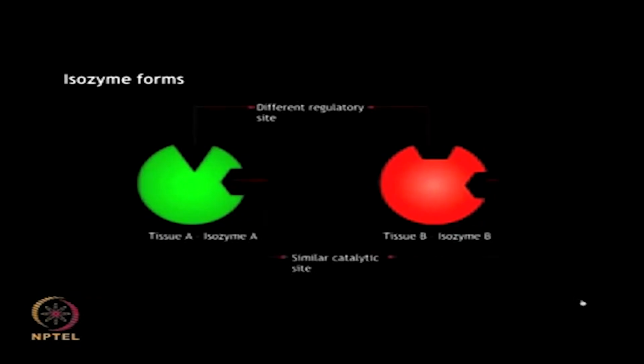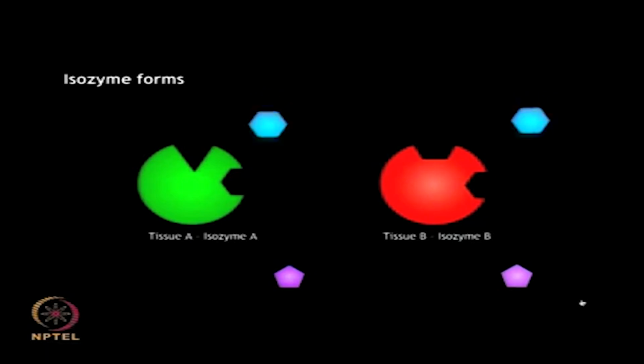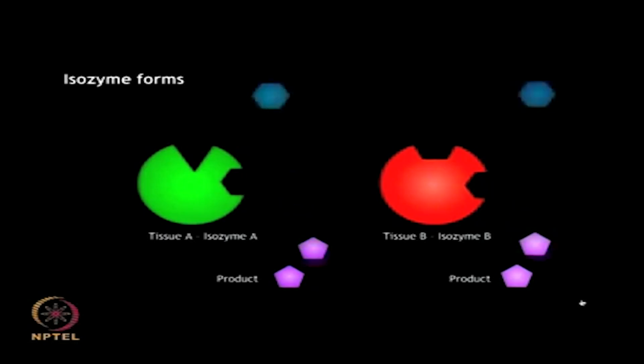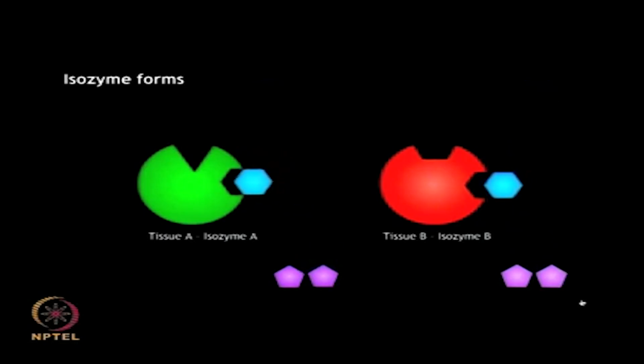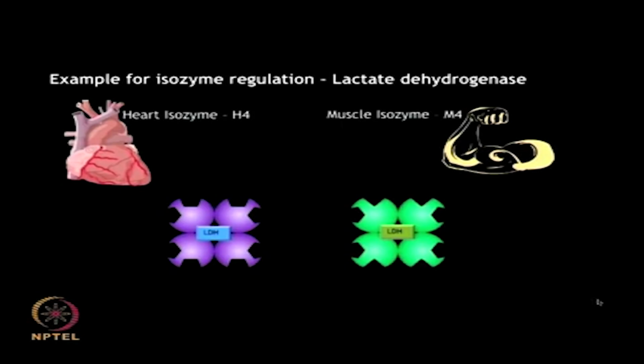Isoenzymes are homologous enzymes within a single organism that differ slightly in their amino acid sequence, but catalyze the same reaction. These enzymes are mostly expressed in different tissues and have different kinetic parameters such as substrate affinity Km and maximum velocity Vmax. Lactate dehydrogenase is an enzyme involved in anaerobic glucose metabolism that is present as 2 isozyme forms in human beings.